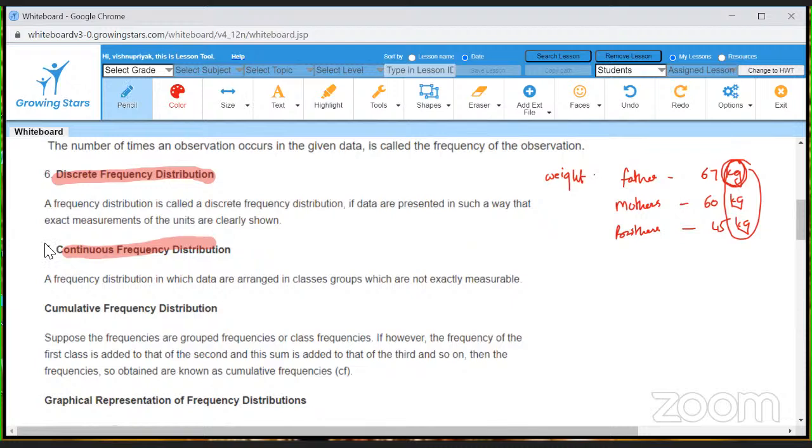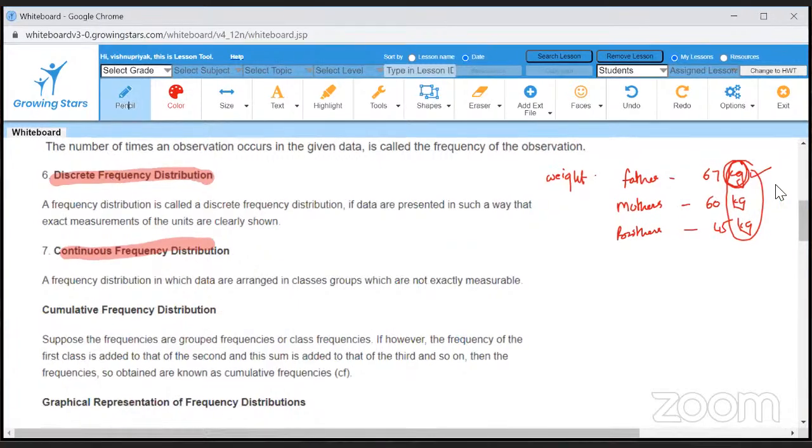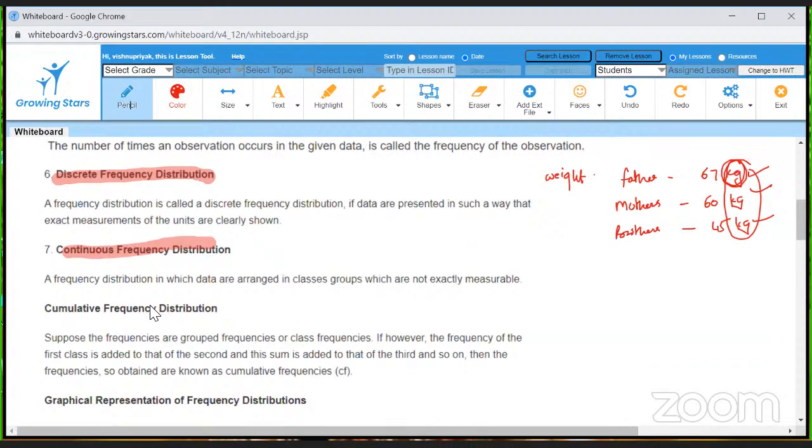So if in a table, you are arranging the data in classes, in groups, which are exactly not measured, that is continuous frequency distribution. Like this in kilograms, you can't measure it.